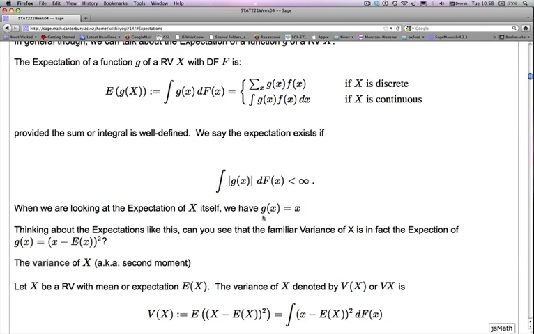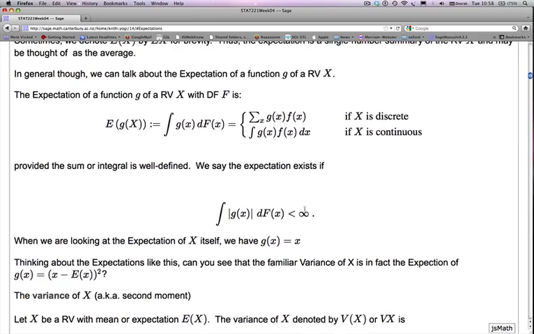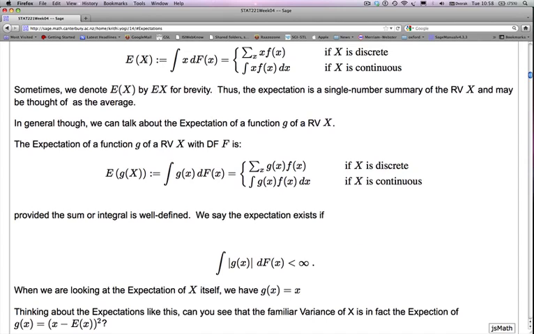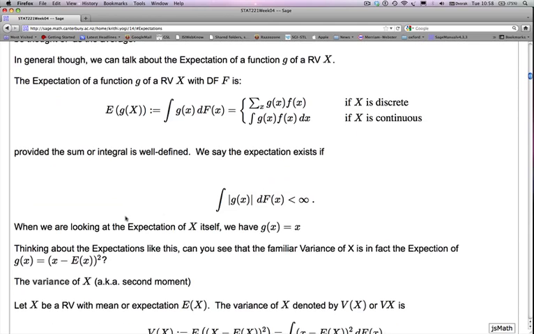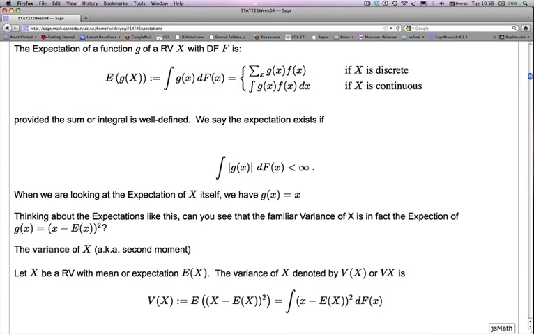So in other words, we can think of the definition of an expectation for a random variable for any function g, and when g of x is simply the identity function, g of x is simply x, then we can think of the expectation here as being the expectation of the identity function. So that's just a generalization.